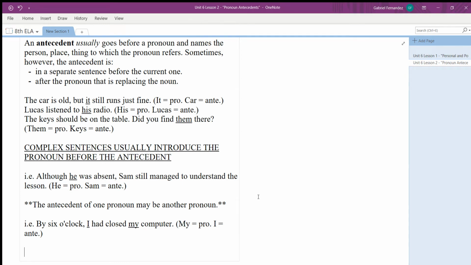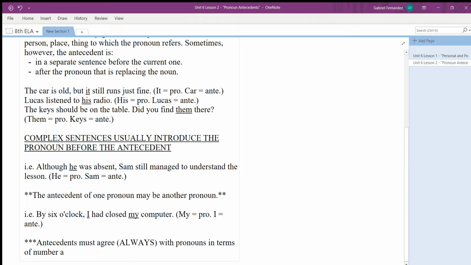Okay? The most important thing to remember for antecedents, and we're going to give this an extra star, okay? The most important thing to remember when it comes to antecedents is that antecedents must always agree with pronouns in terms of number and person.